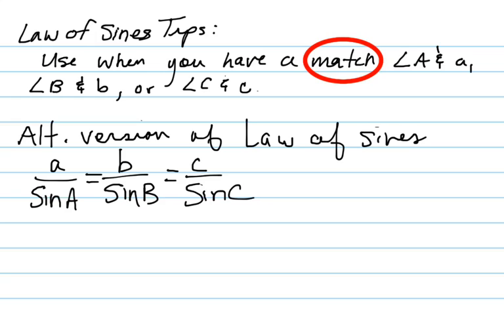Something else you can note is there's an alternate version of the law of sines. I don't think it's easier or more difficult. Sometimes it may feel easier if the part that you're missing is on the top of the fraction instead of the bottom. No big deal. So make sure you set it up either as A over sine A, or sine A over A. You can use all the reciprocals equal to each other as well.